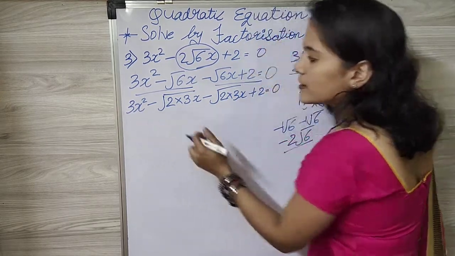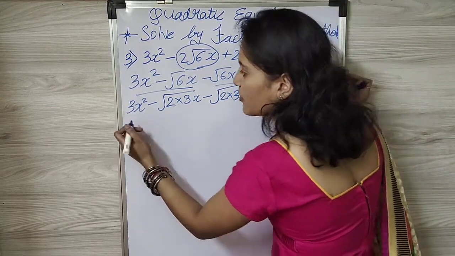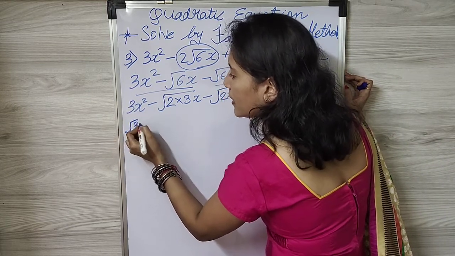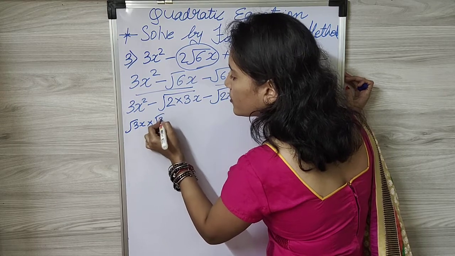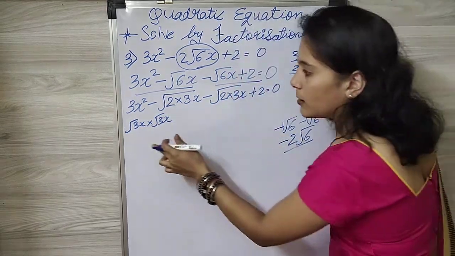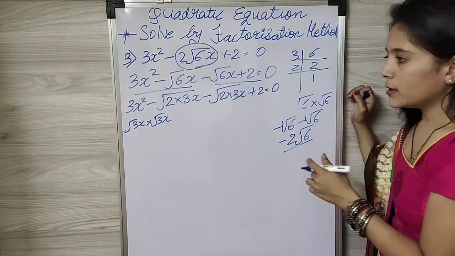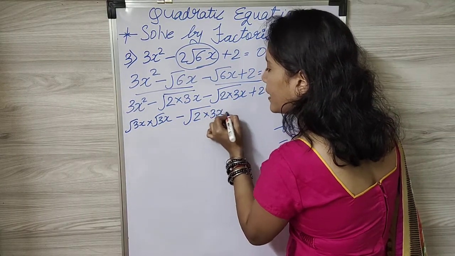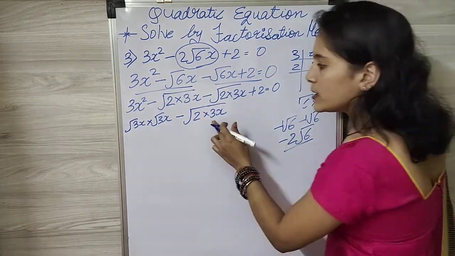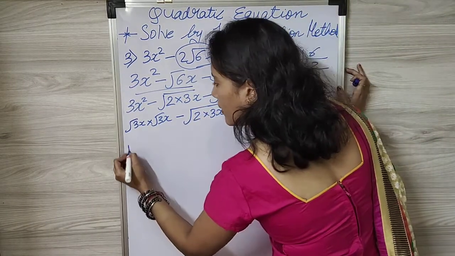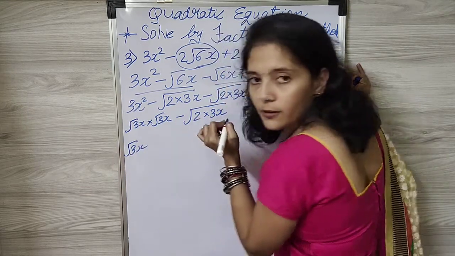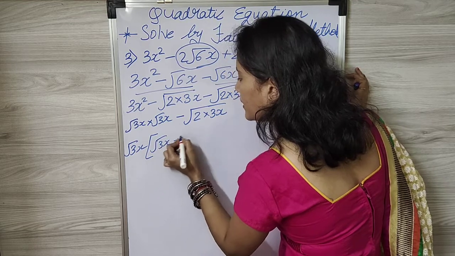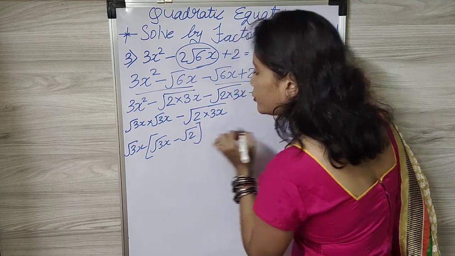Now what is common in this? See, again I can simplify in more detail. I can write 3 in the form of under root 3x into under root 3x, right? Under root 3x into under root 3 minus 2 into under root 3x. So what is common in both terms? Under root 3x, right? So what is left over here? Under root 3x minus under root 2.